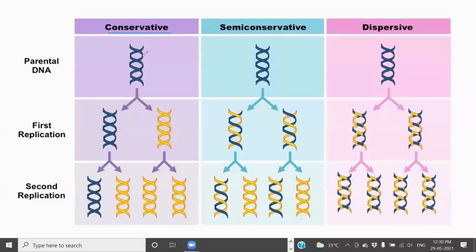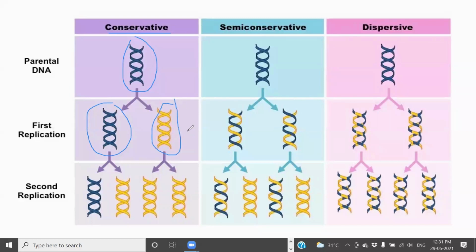This is the parental DNA, the original DNA molecule. It remains as it is in the cell. When it divides, it remains as it is, and a completely new DNA molecule is synthesized.